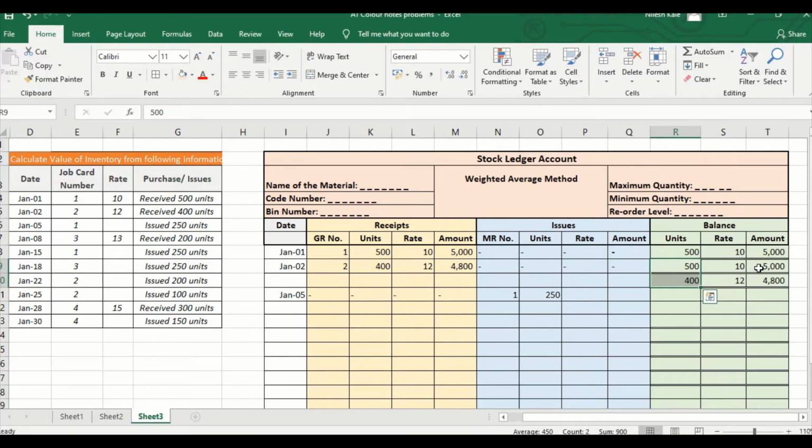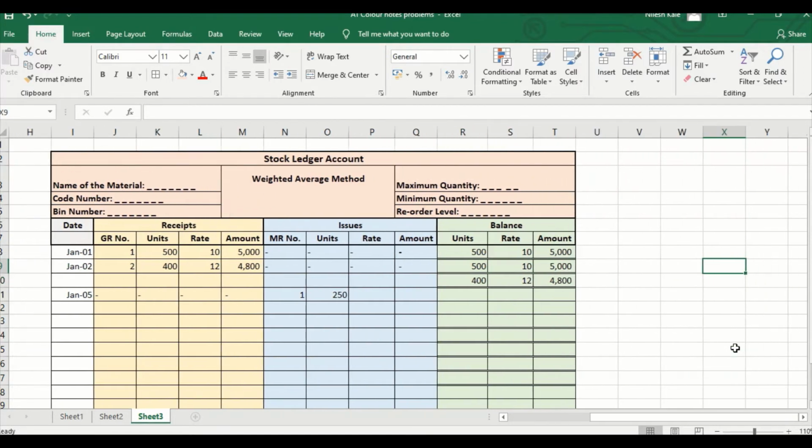I will tell you again, 5000 plus 4800, this is the total amount that we have, divided by the total number of units that we have. For your reference, I will write this formula here.